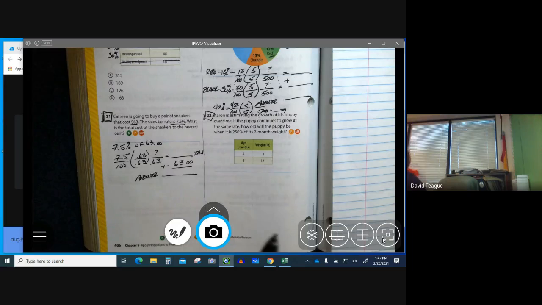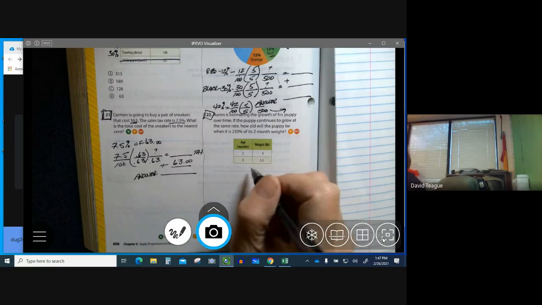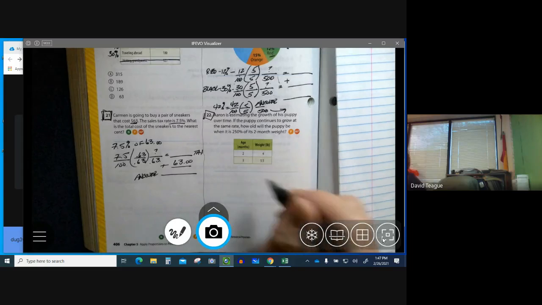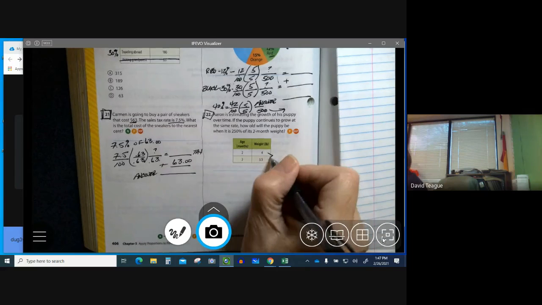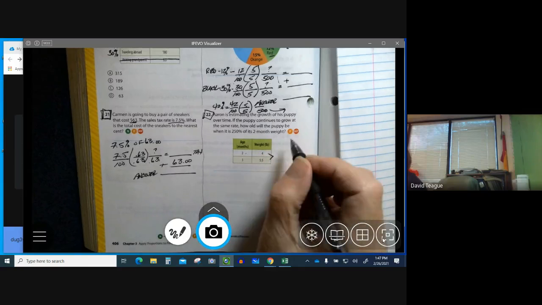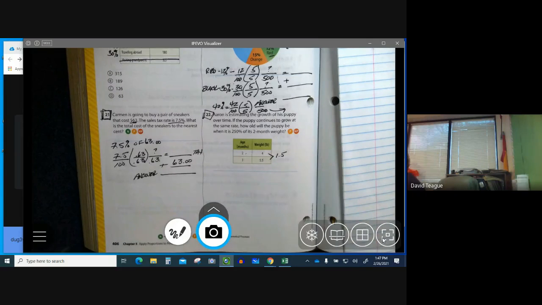The first thing we're going to do is extend this rate table. The difference from month 2 to month 3 is the puppy gained 1.5 pounds.